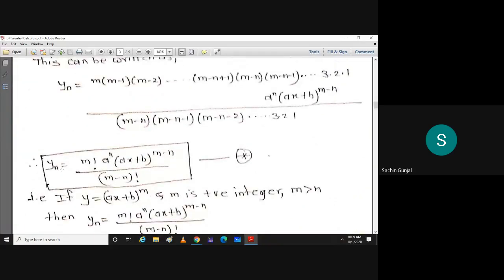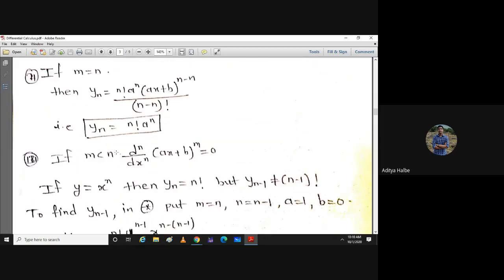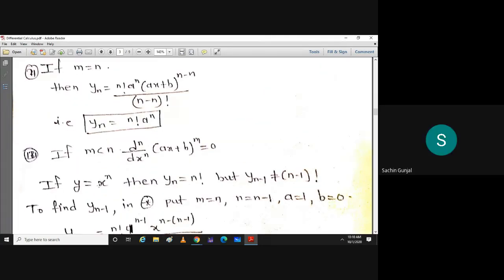From this. Sir, what was the question? If y is x raised to n, what is its n minus 1 derivative? Do you believe that it is not n minus 1 factorial?